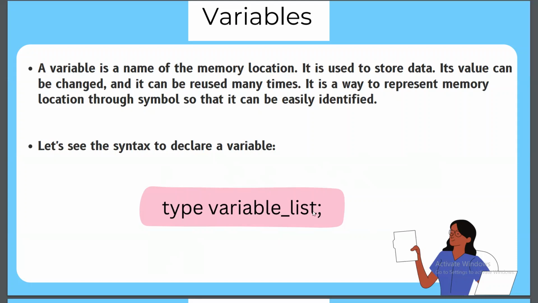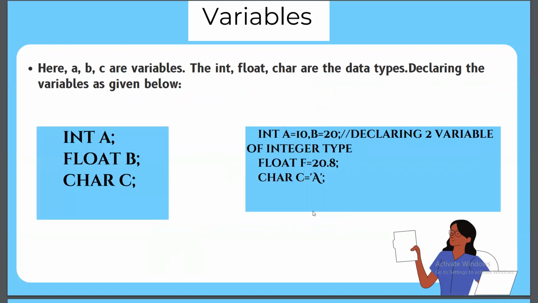In place of this, you can write anything like int a, b, sum, and the semicolon is mandatory here. Here a, b, c are variables. The int, float, char are the data types, declaring the variables as given below. As I told in the last slide, this is the syntax of defining or declaring the variable.